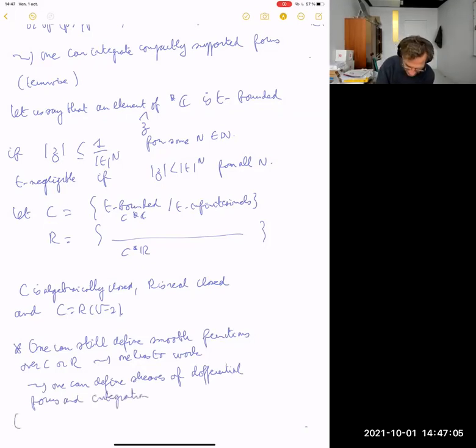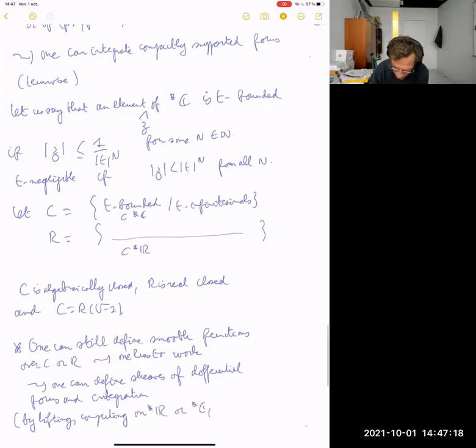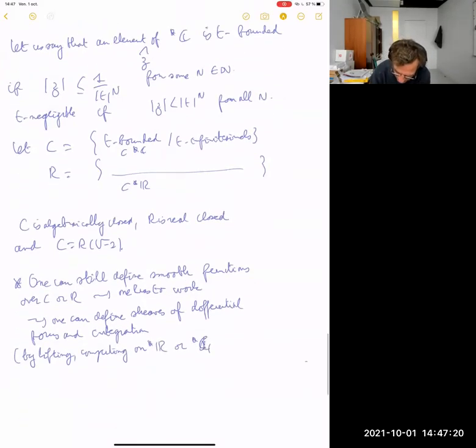But again, everything is by lifting, computing on star R or star C, and reducing modulo T-infinitesimal elements.